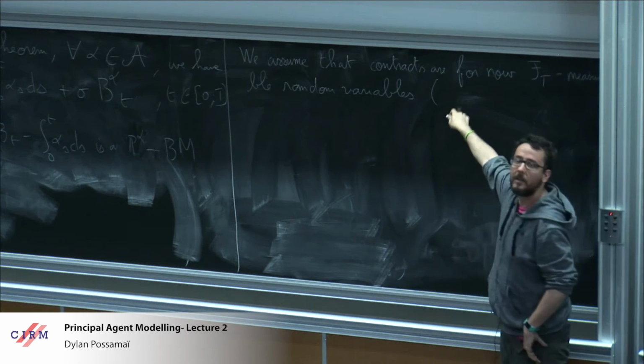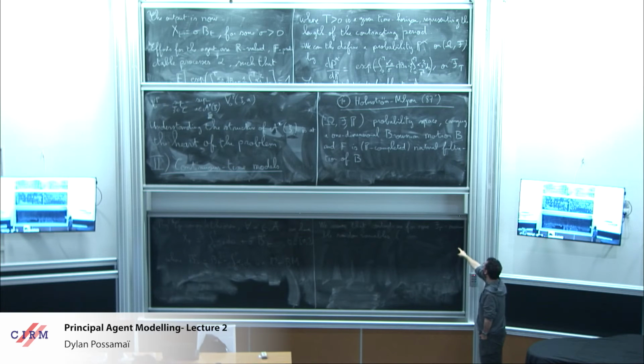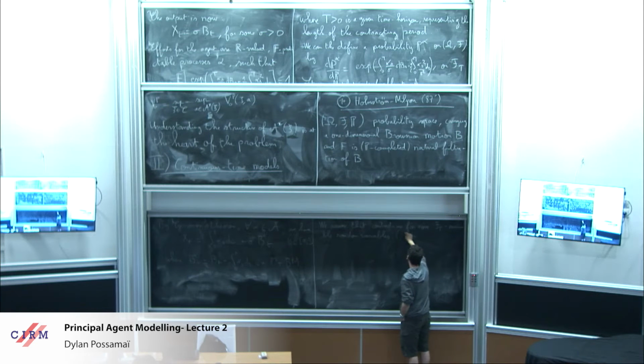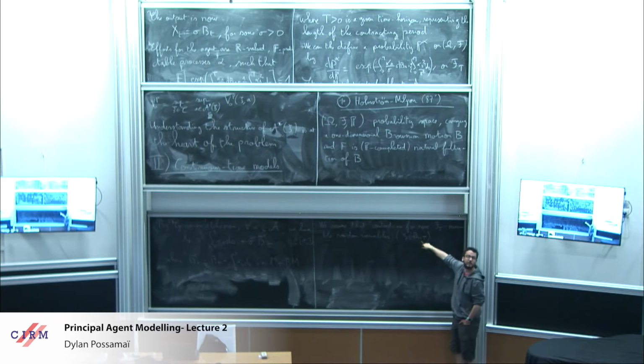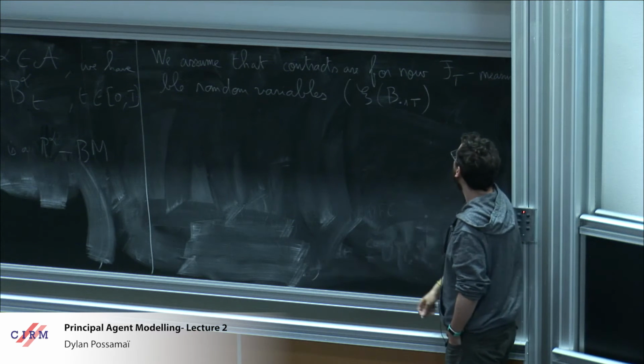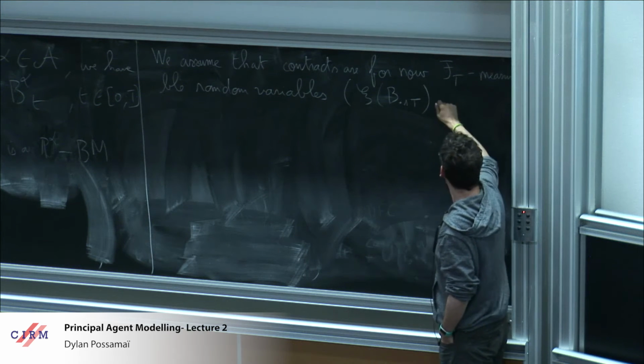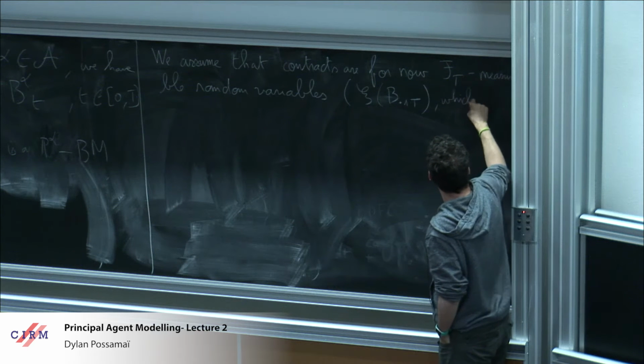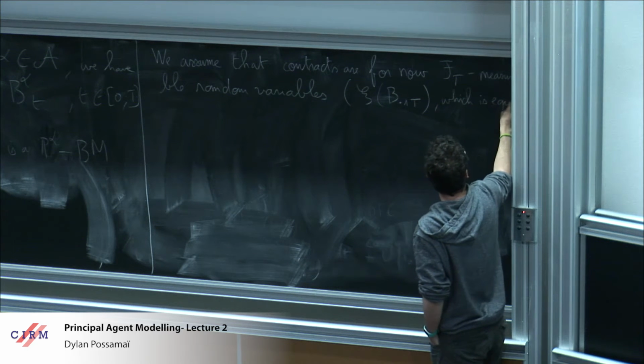So here, what does it tell you? F is the completed natural filtration of B, so that means that those things are functionals in general of the path of B. So this is my notation to say that here I'm looking at the whole trajectory of the Brownian motion all the way to capital T. But I don't really care about B here.